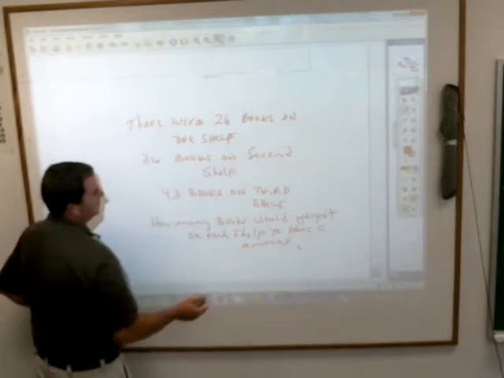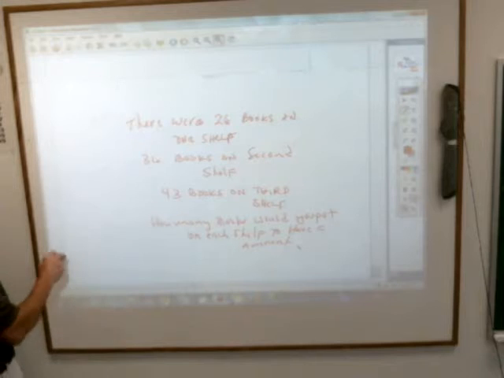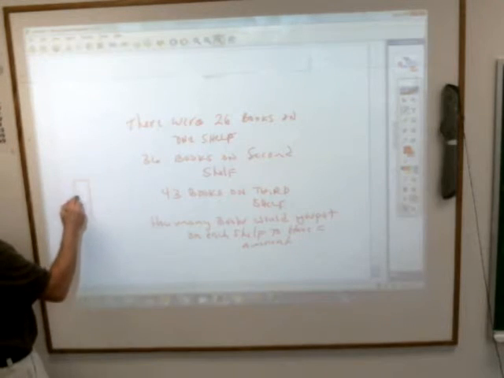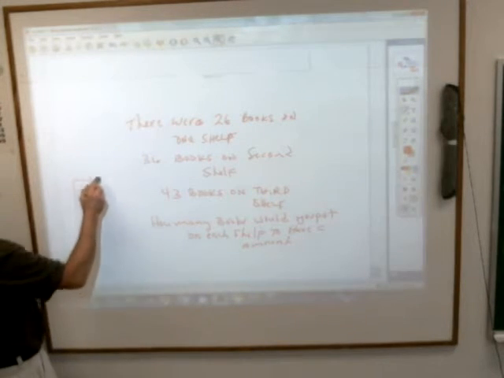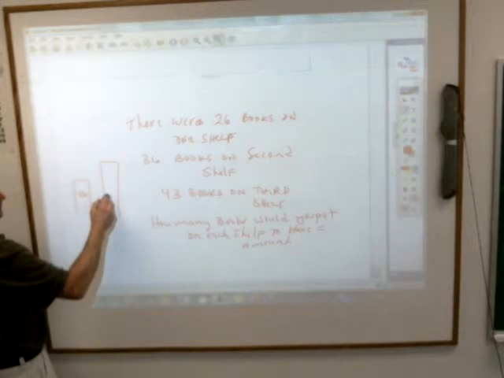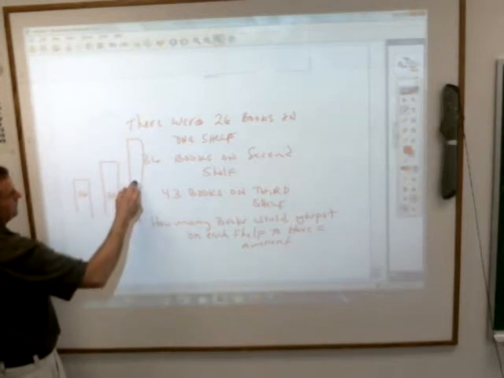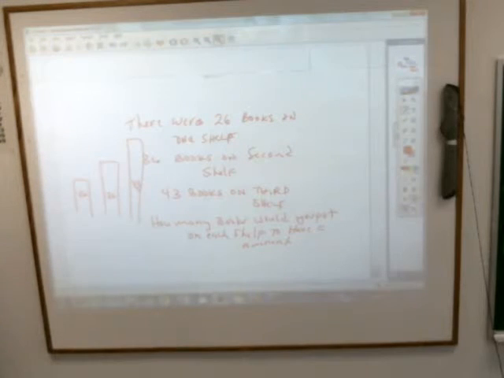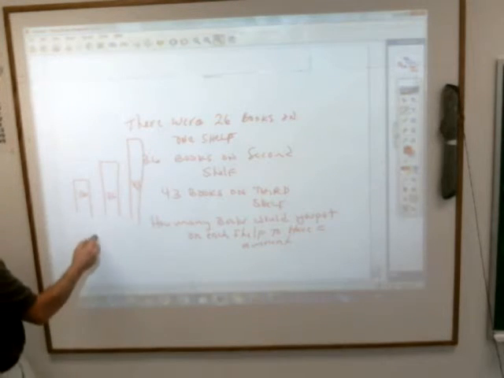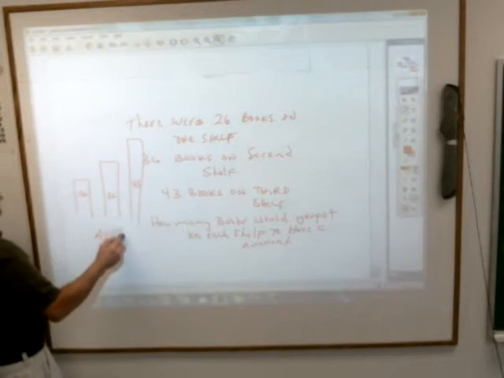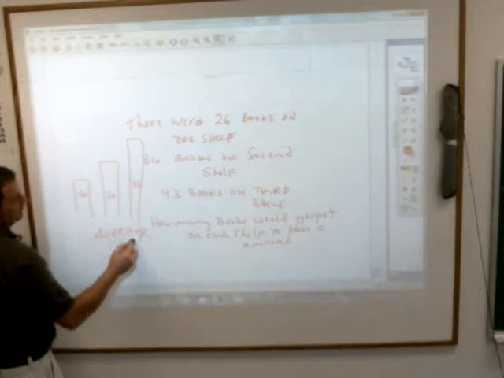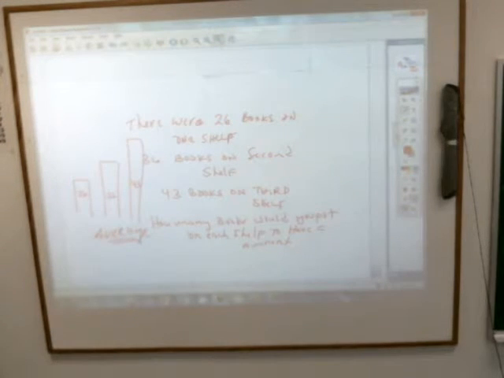In other words, they're trying to make equal stacks. On one stack you have 26, on the second stack you have 36, and on a third stack you have 43. If you want to find out how many books you put on each one to make them even, that is the same thing as finding their average.